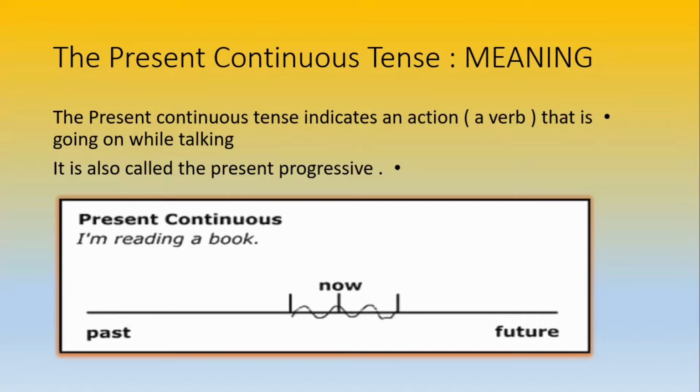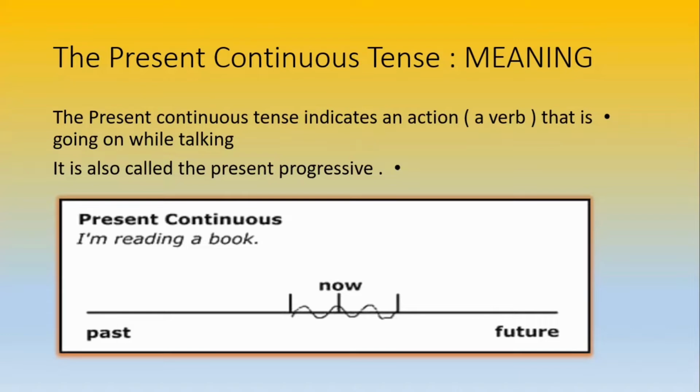Look, for example, this is the timeline of the present continuous. The moment I'm talking is now; before it we have the past and after it we have the future. If I say "I'm reading a book," this means I started reading a short time before. I'm reading now, I'm talking to you, and I will read for a short time in the near future.